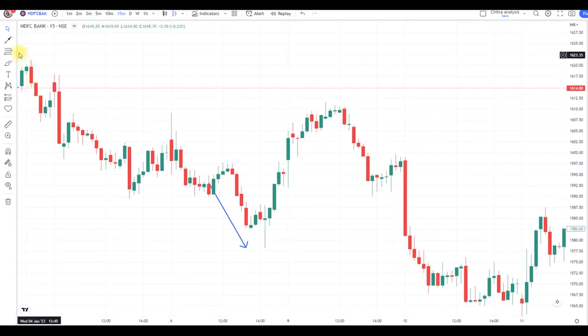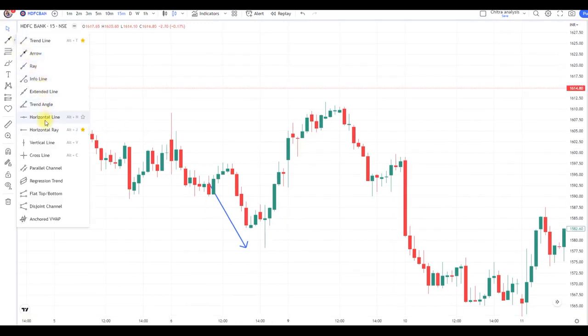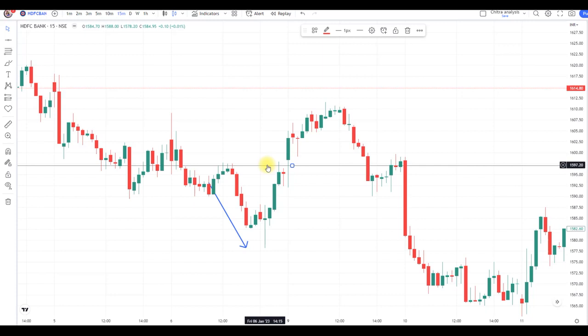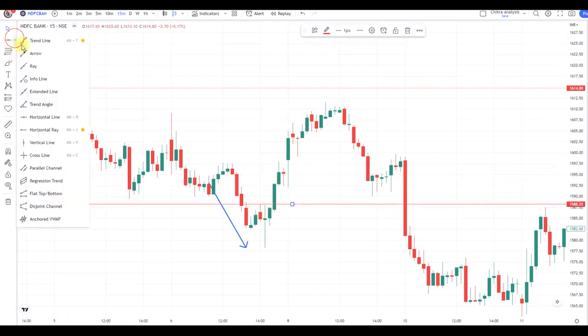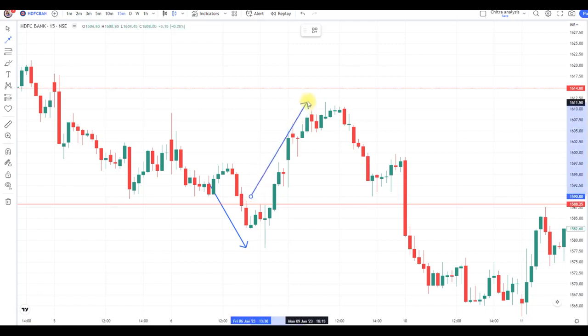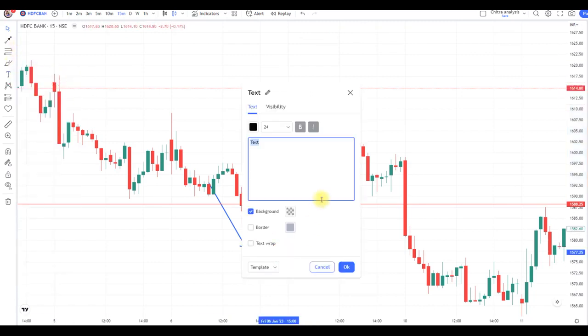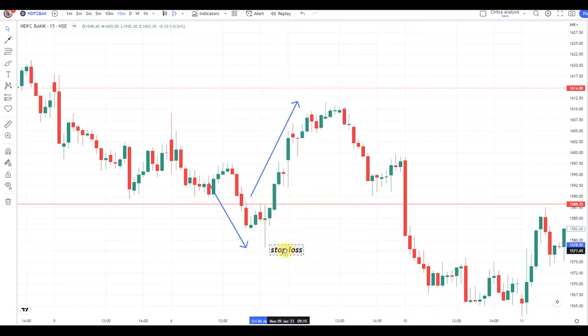Okay, so once the high of this long leg doji is broken, we can enter into the long trade. You can see that price moved up after that. The stop loss is the low of this doji.